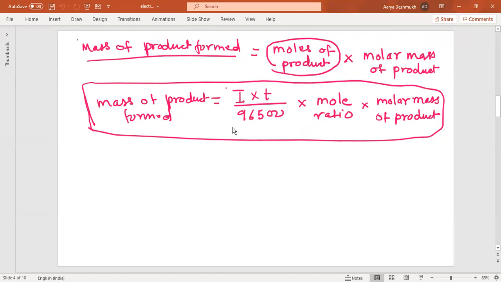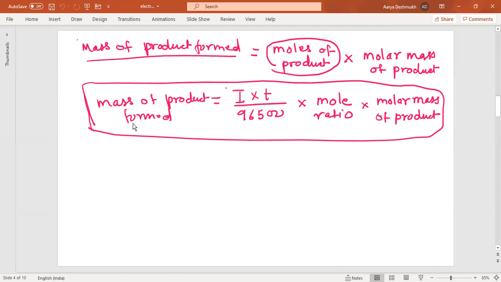Multiplied by the mole ratio, these two things give you the moles of the product. And if you multiply the moles of the product by the molar mass of the product, these three together give you the mass of the product formed. So these equations can be used to solve the numericals based on this.